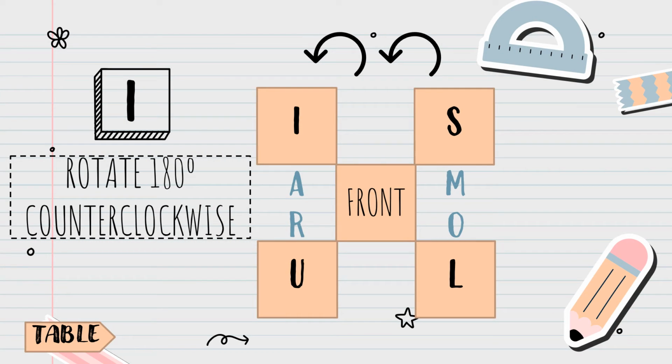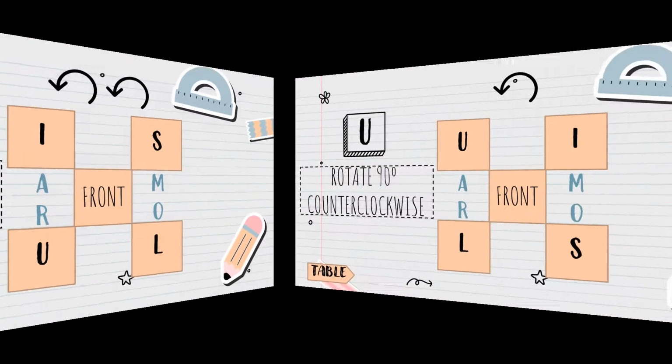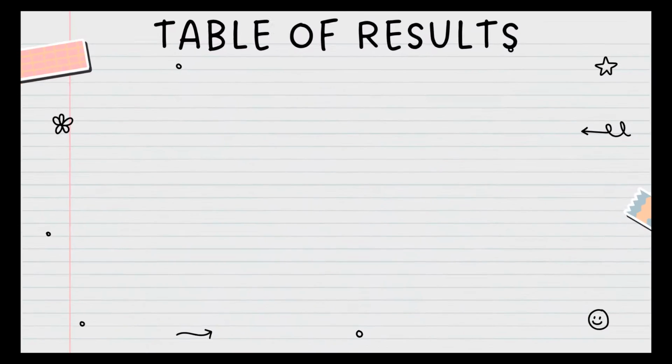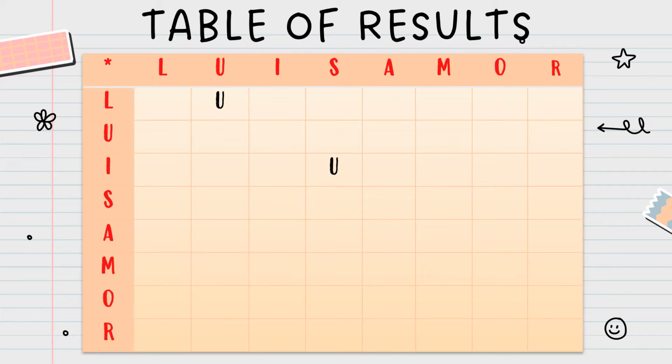And after which, we may now proceed to the next move S, which is to rotate the figure 270 degrees counterclockwise, resulting to U, containing the elements U, I, S, and L. So this means that the move shown in the slide after clicking the final move is the result of the operation star, which will be put now on the table of results. Therefore, I star S is equal to U.